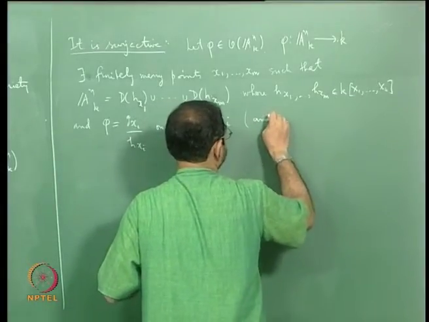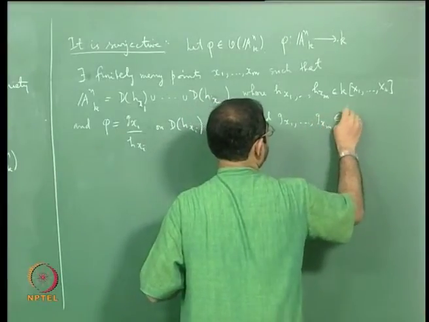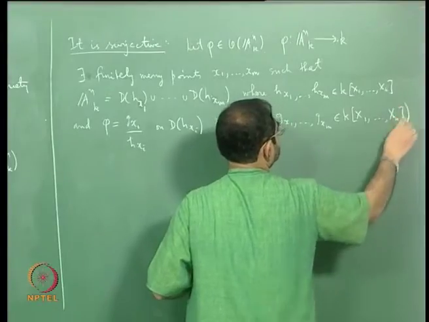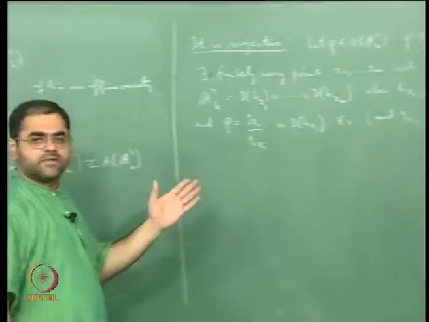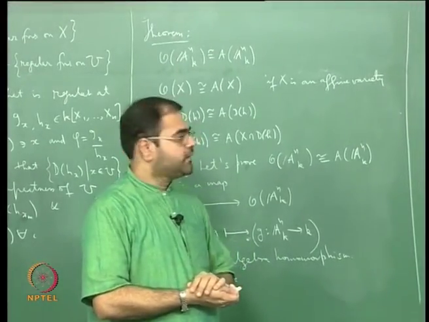And of course g_x1 through g_xm, they are also polynomials in n variables, okay. This is from the definition of what a regular function is, okay.